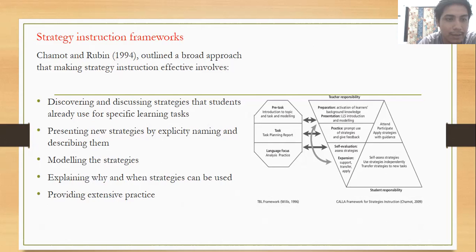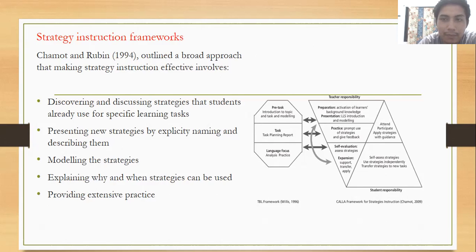And well, as it says here, this framework is about discovering and discussing strategies that students already use for specific learning tasks, presenting new strategies by explicitly naming and describing them, modeling strategies, explaining why and when strategies can be used, providing extensive practice.